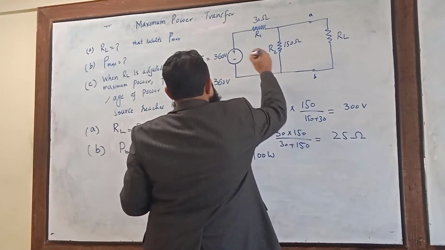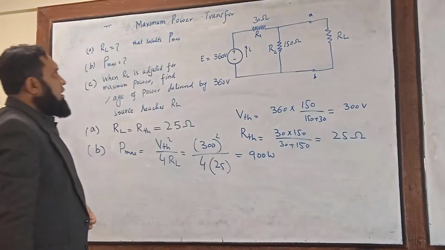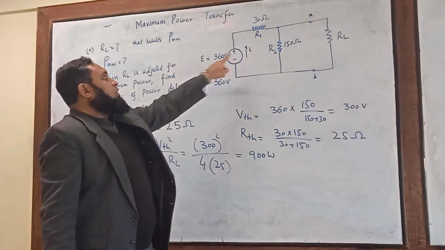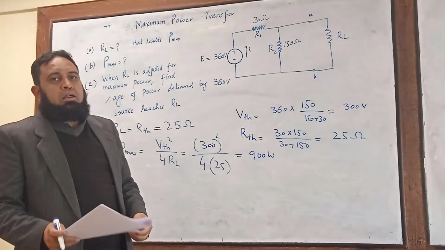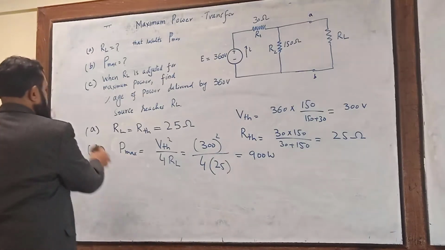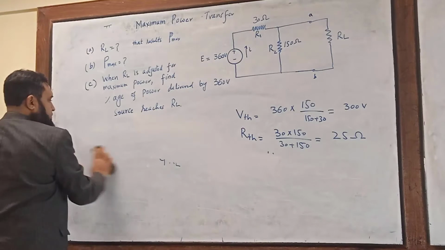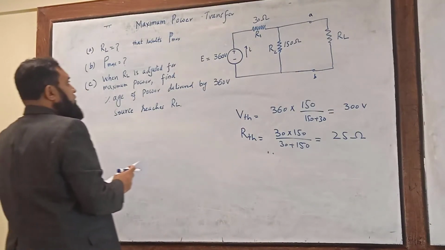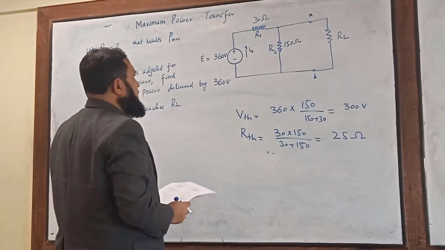Let's assume that some current is flowing from this source. This current multiplied by this voltage will give the power delivered by the source. How to compute this current? Let's denote it by IS, the source current.